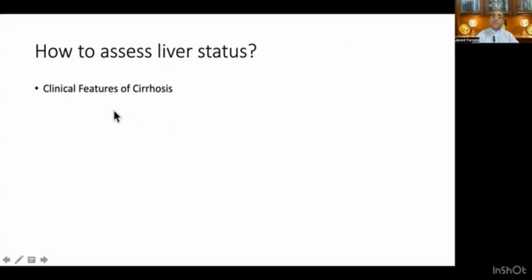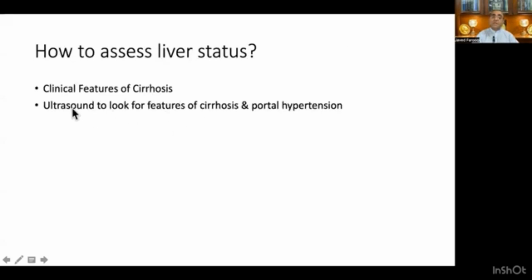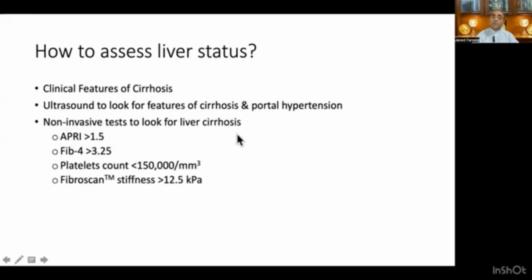One is the clinical features of cirrhosis, if they are present. Second, you do the ultrasound to look for the features of cirrhosis and portal hypertension. And non-invasive tests where the ultrasound is also normal and there are no clinical features, and these include APRI, FIB-4, platelet count, and FibroScan stiffness.